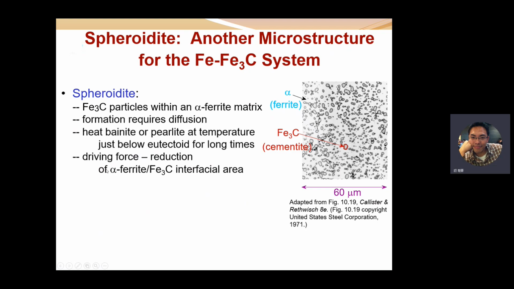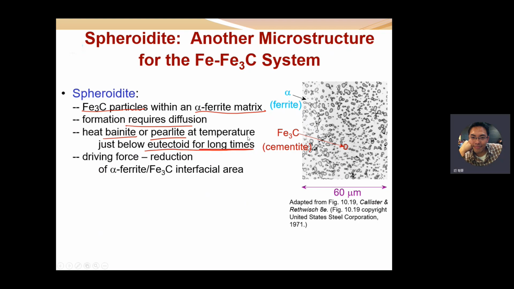Under the microscope we see cementite particles within an alpha ferrite matrix, and its formation requires diffusion: heat bainite or pearlite at a temperature just below the eutectoid for a long time.